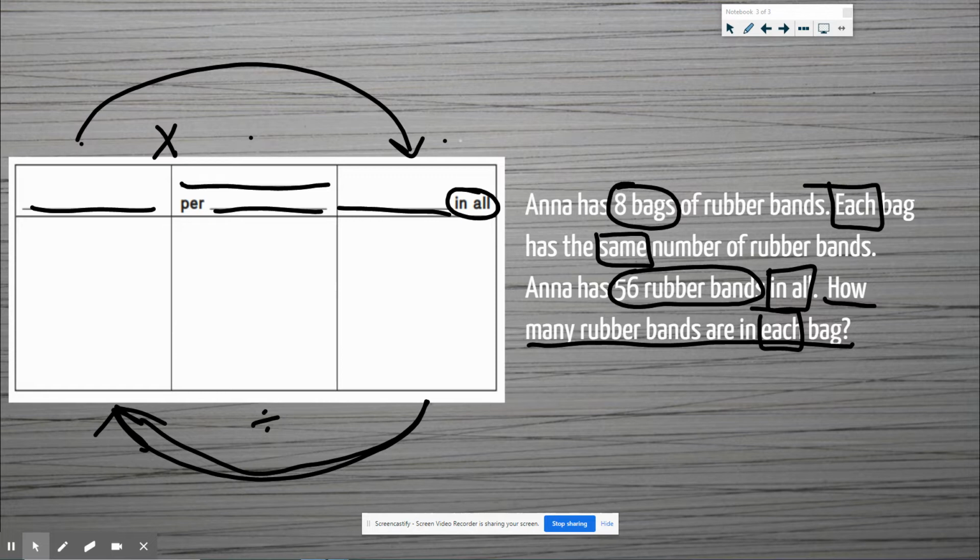So the one thing that I know that is pretty easy is there's 56 rubber bands in all. So on my chart, I'm going to write in rubber bands in all. And I know from my number story that number is 56.